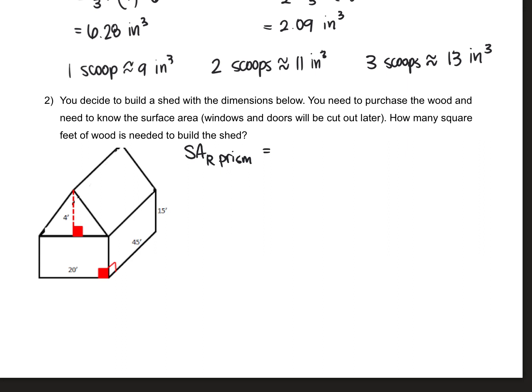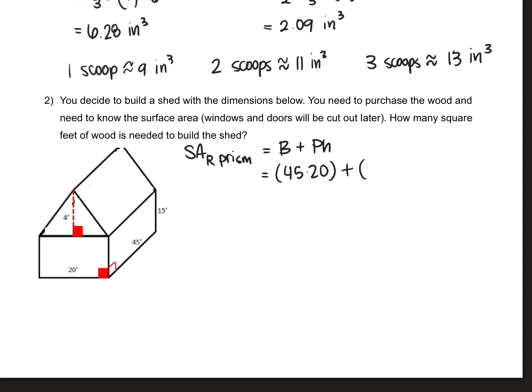But considering I don't need one of those rectangles, I'm actually going to switch what I consider to be my base rectangle, and I'm only going to do the area of one base plus the perimeter times the height. So the bottom rectangle is the 45 by 20 rectangle.